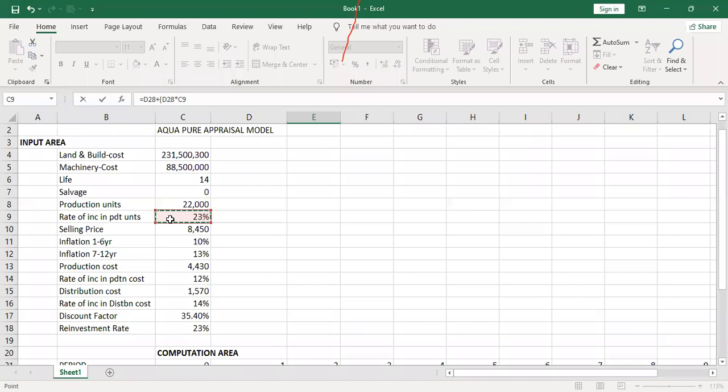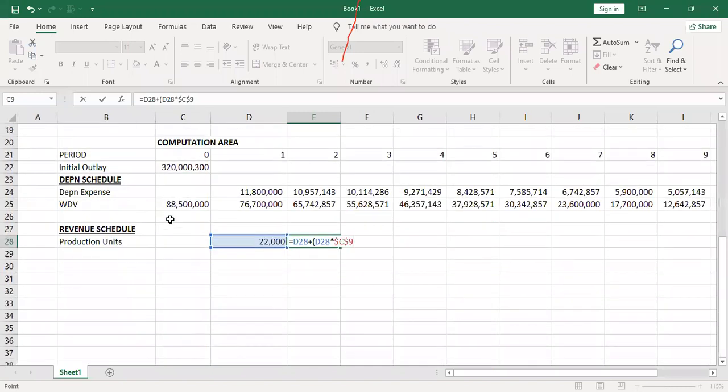After clicking on 23%, we have to fix that cell. Because when I go to year 7, I'm instructing the computer that when you reach year 7, pick the production units in year 6 plus the production units in year 6, and multiply by 23%. So after clicking on 23% from the input area, press Fn, F4 to fix that cell, or F4 if you are using a PC.